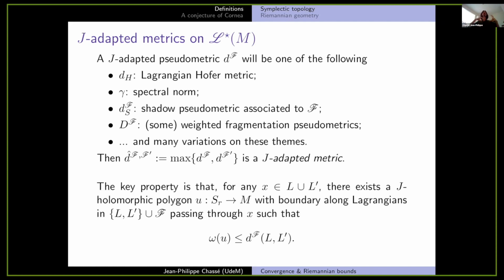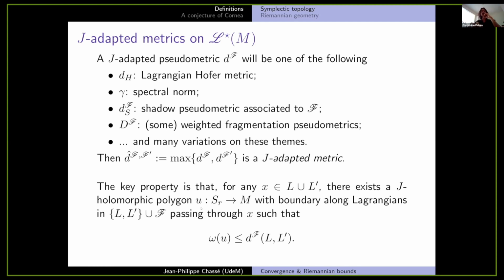So what joins them all together? I've just given you a grocery list of all the things it could be, but what does it actually mean to be J-adapted? Essentially it means that whenever I have two Lagrangians and I take a point on one of these two Lagrangians, I'm going to get a holomorphic polygon with boundary in L prime, and maybe some additional Lagrangians which come from this fixed family, hence why you do need those families.